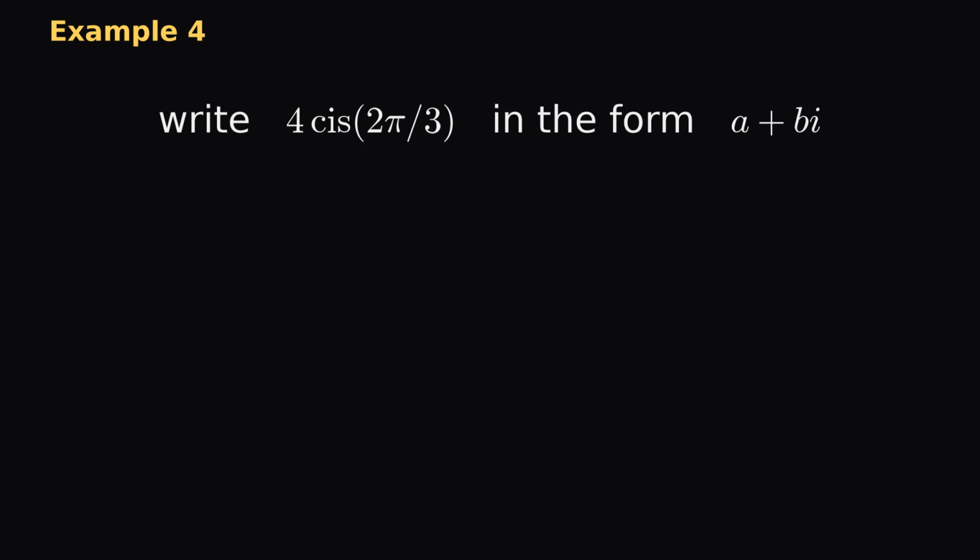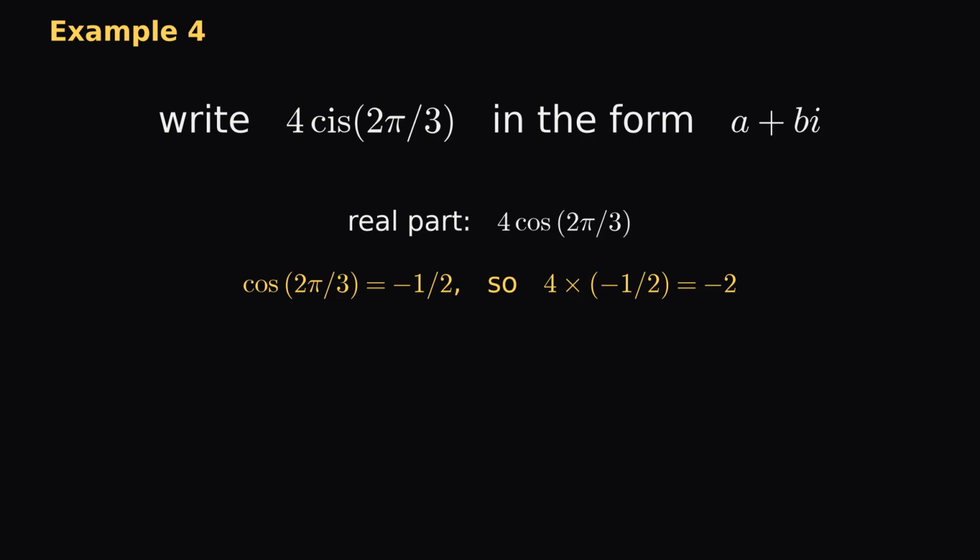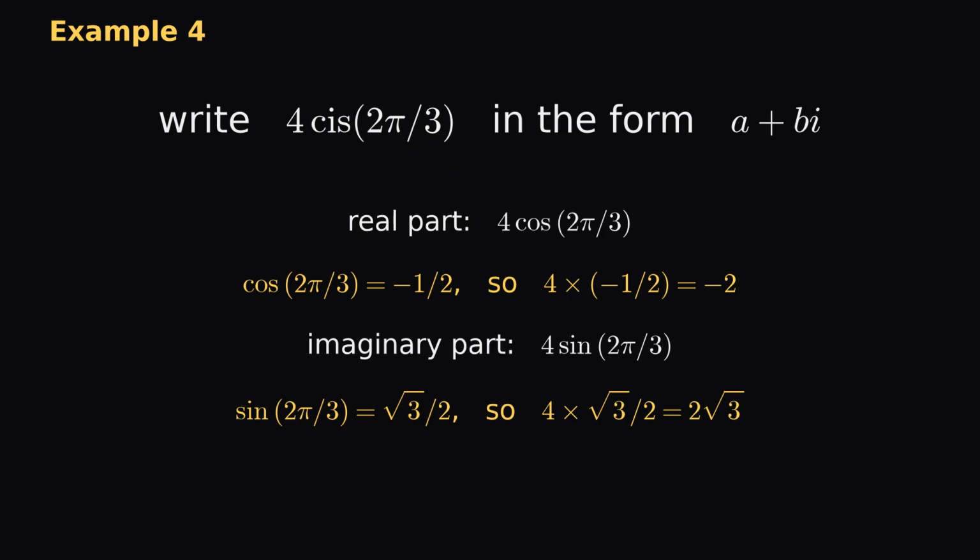Example 4. Now the other direction. Write 4 cis 2 pi over 3 in the form a plus bi. The real part is 4 cosine 2 pi over 3. Cosine of 2 pi over 3 is minus a half. So 4 times minus a half is minus 2. The imaginary part is 4 sine 2 pi over 3.